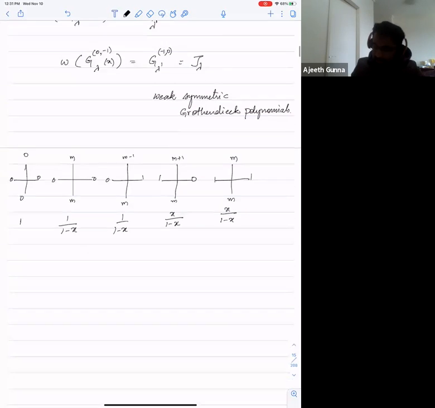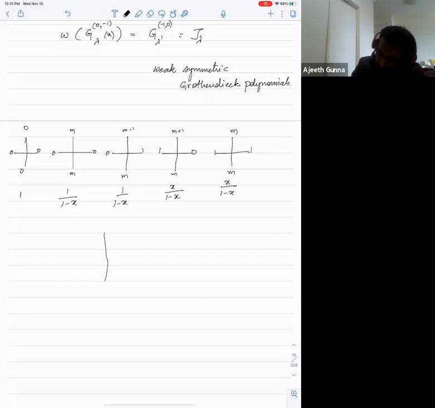And here again, it's the same thing that we've been doing. The bottom boundary is 0, the right is zeros, and the top you encode by column multiplicities, and your left boundary is free. And this is your weak Grothendieck polynomial.